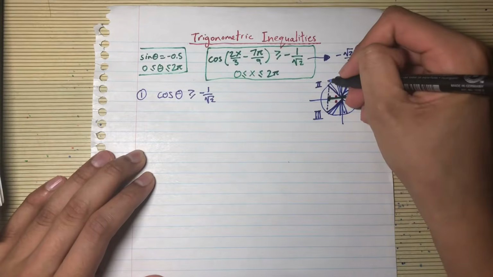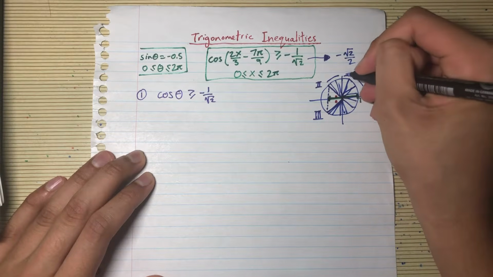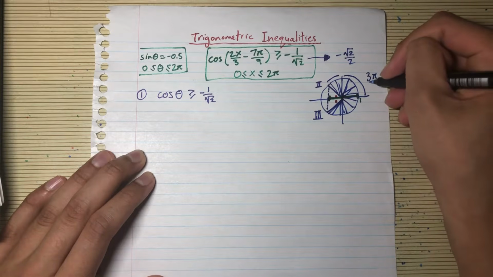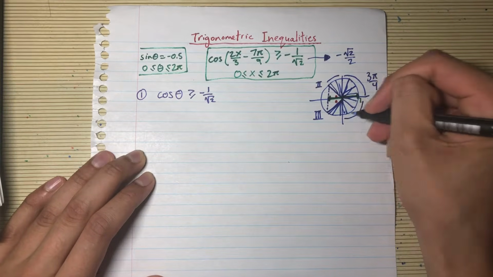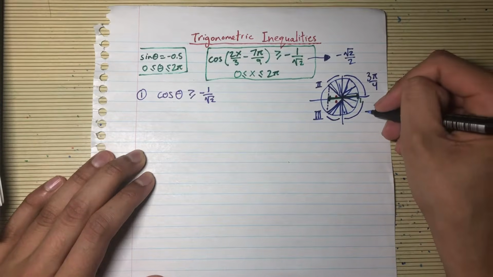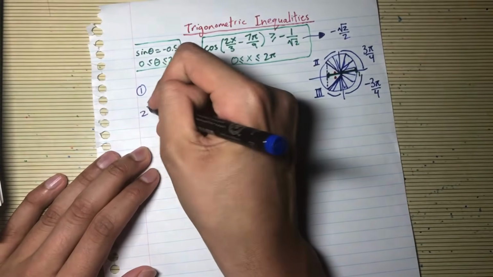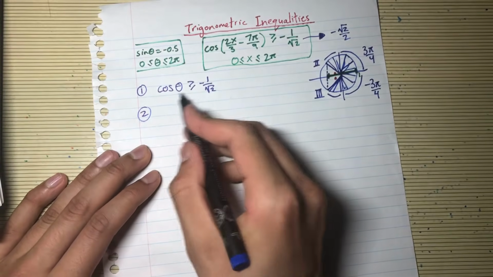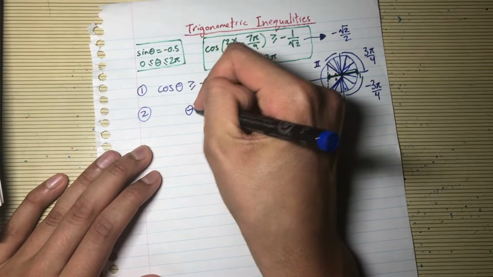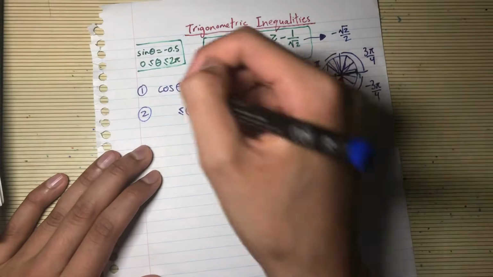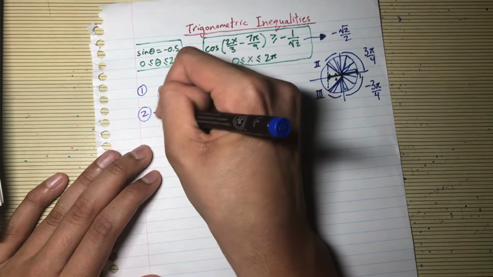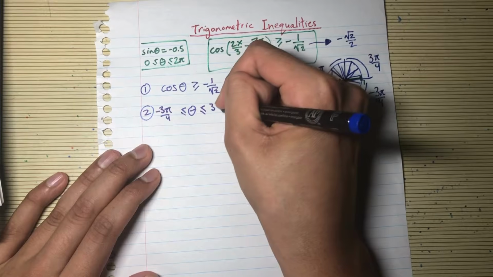Okay, so what are these two bounds? Well, the top bound is pi over 2 plus pi over 4, which is 3 pi over 4. And the bottom bound is the negative of that, because you're going in the opposite direction. So negative 3 pi over 4. Hence, step 2, we have just converted this inequality into a compound inequality, so that theta is greater than or equal to negative 3 pi over 4 and less than or equal to 3 pi over 4.